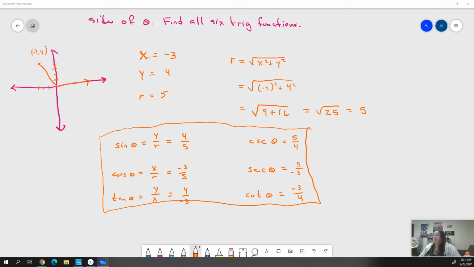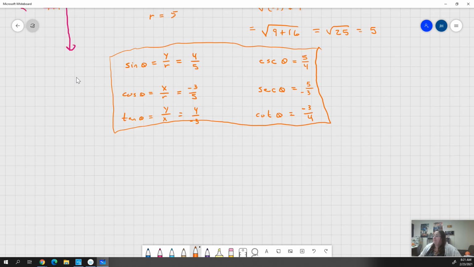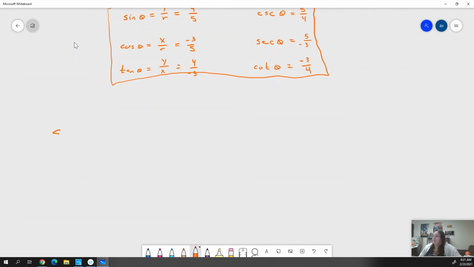So what if we let, for another example, (-2, 3) be a point on the terminal side.